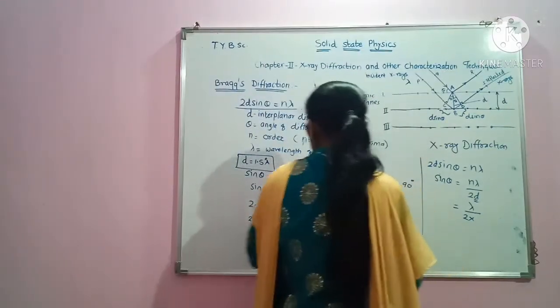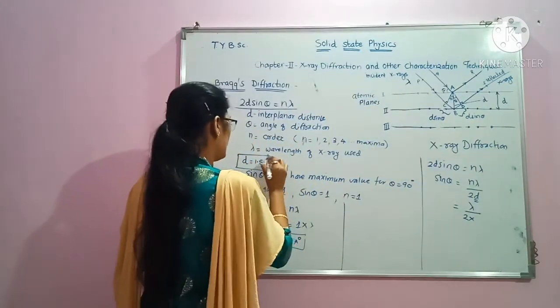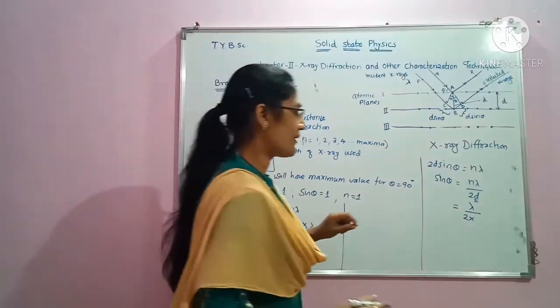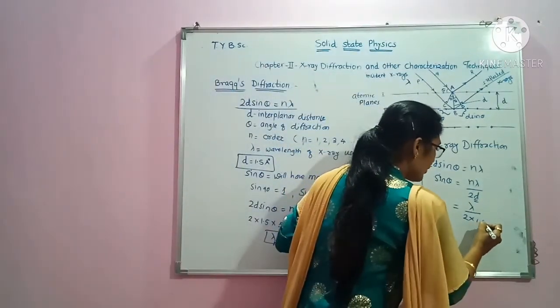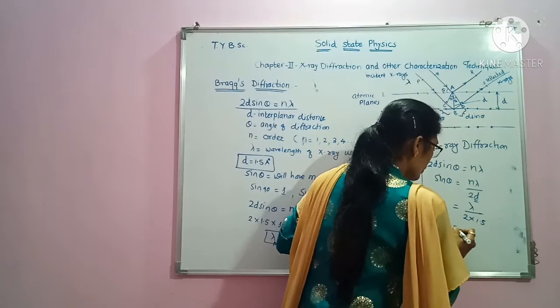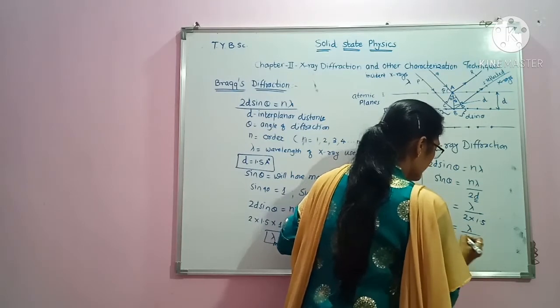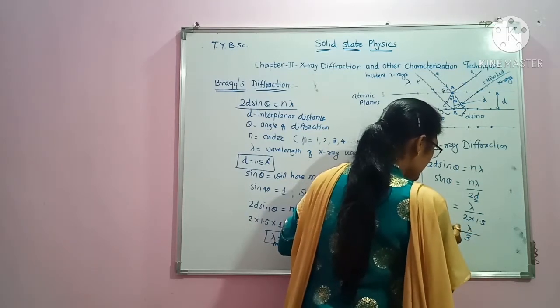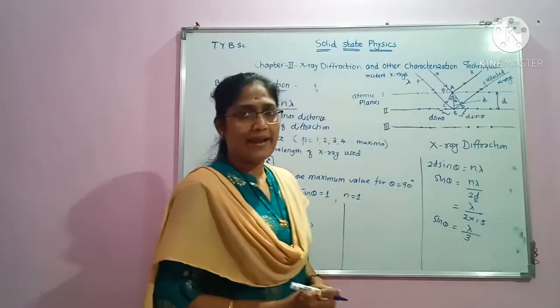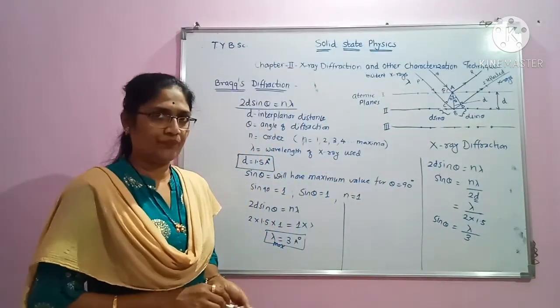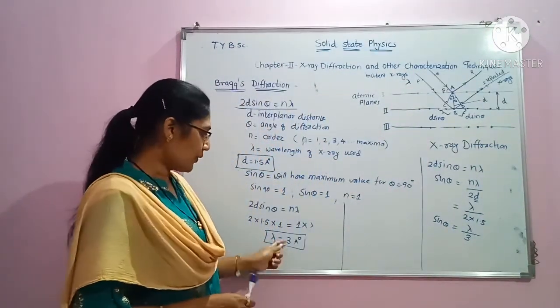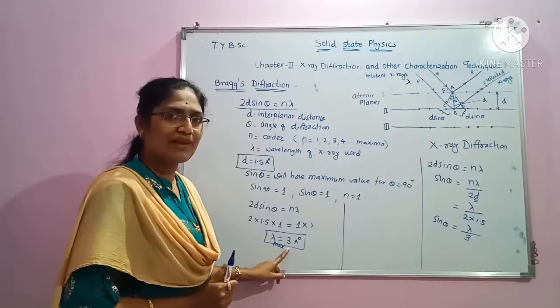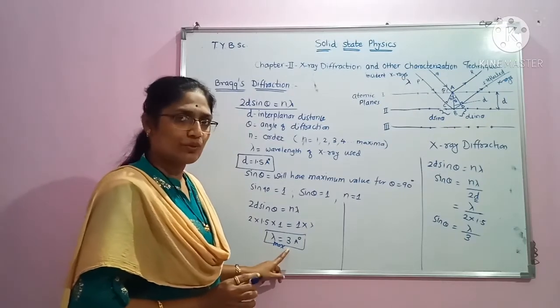So we have obtained sin theta is equal to lambda upon 3. Now, we just calculated the value of lambda as 3 angstrom.